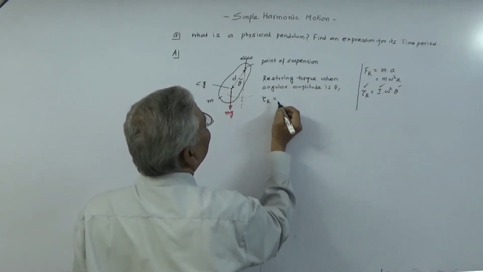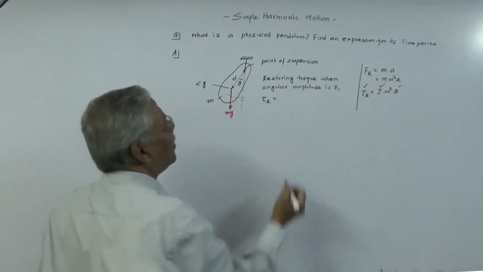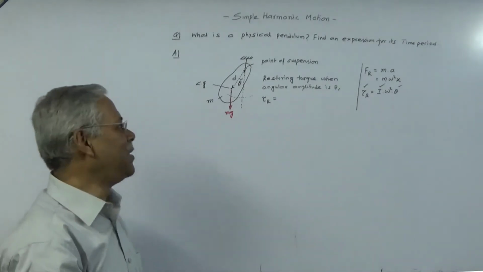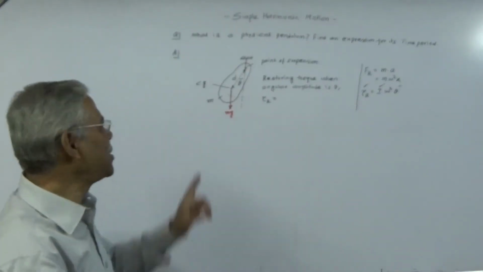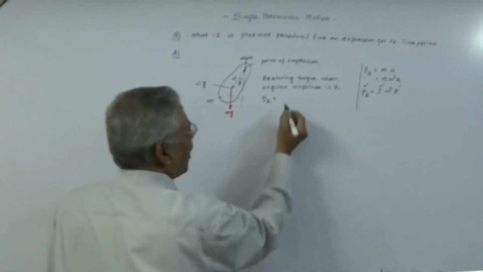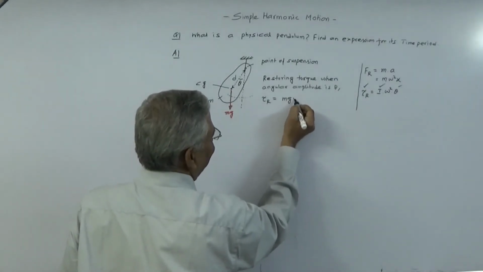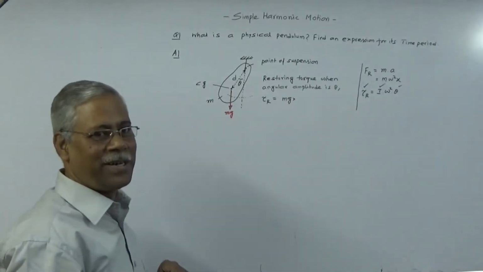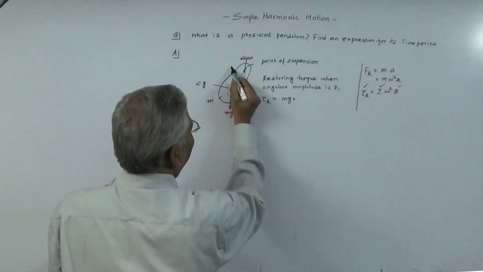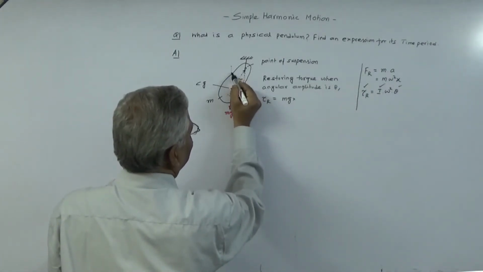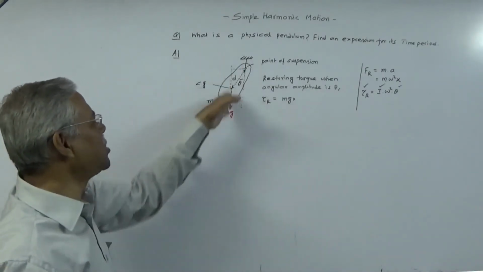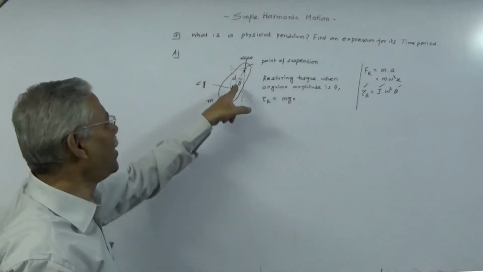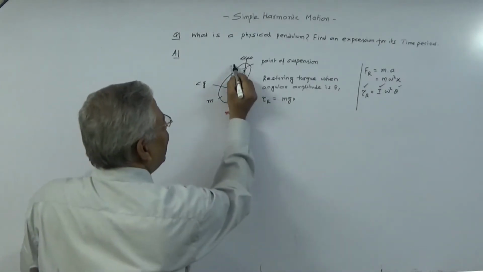So prepare yourself for this question. Tau r, I will not write, you tell. Force into perpendicular distance, force is visible. Now perpendicular distance, some of you are really expert in finding the perpendicular distance. So can you see the perpendicular distance here? Perpendicular distance of the line of action. Theta, d cos theta, and this one is d sin theta.